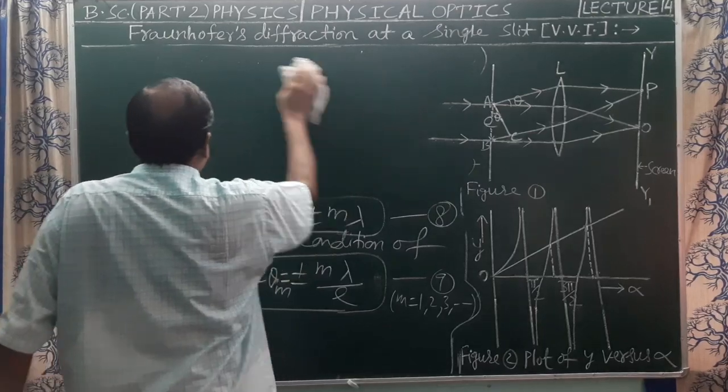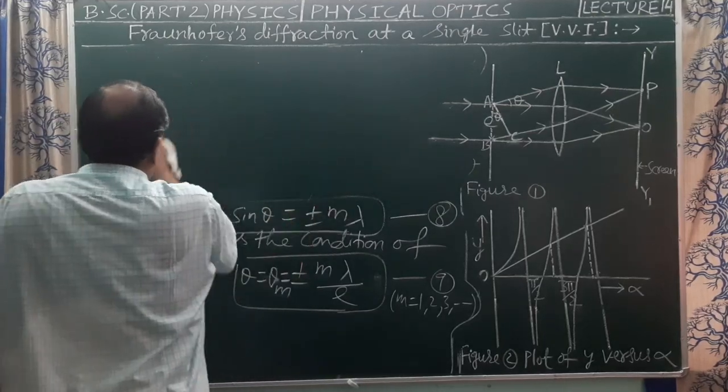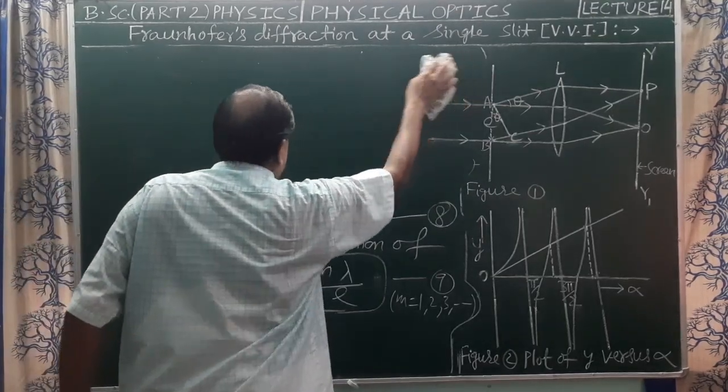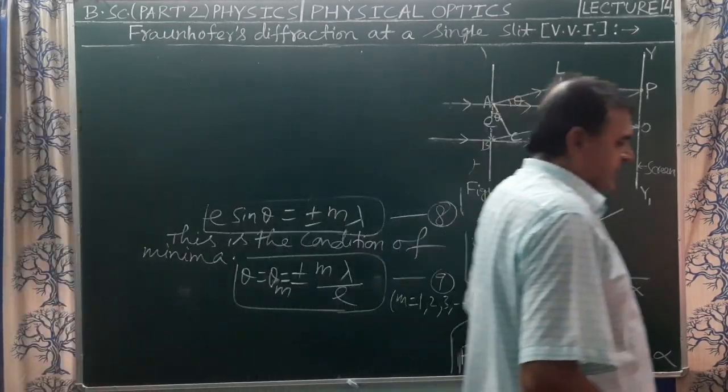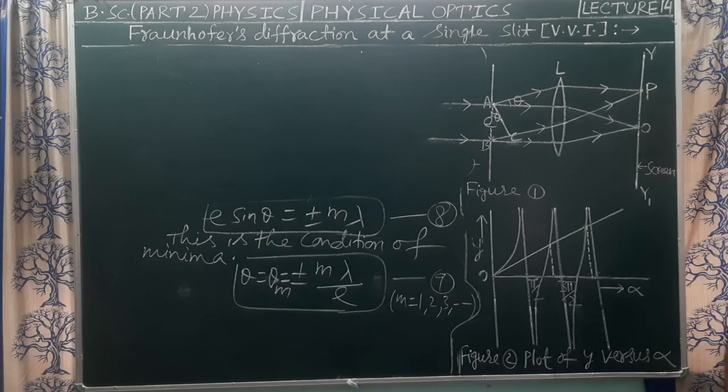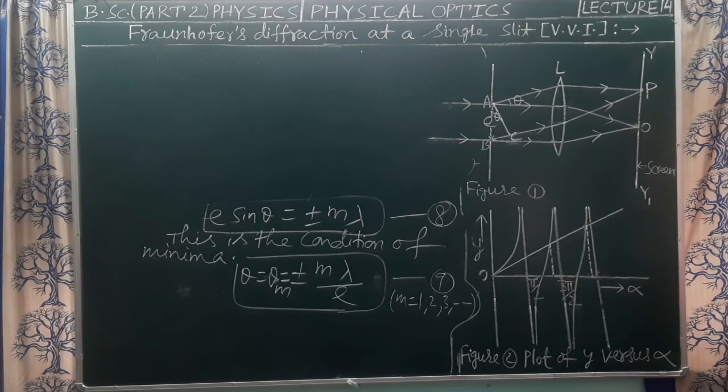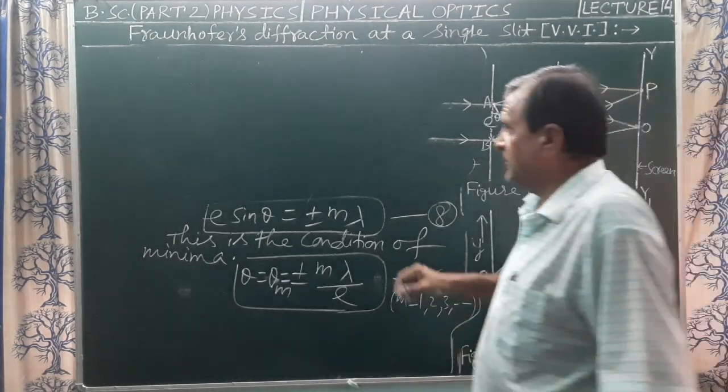Differentiating equation for direction of maxima. To obtain the direction of maxima, differentiate equation 6, that is I is equal to A squared sin squared alpha upon alpha squared, with respect to alpha, and then equate it to 0.